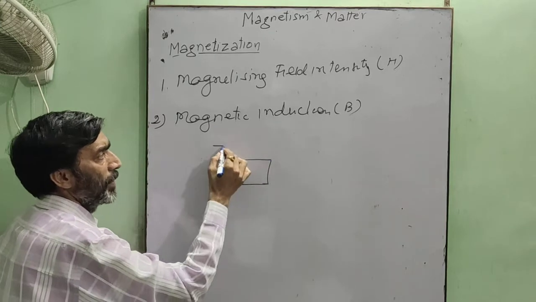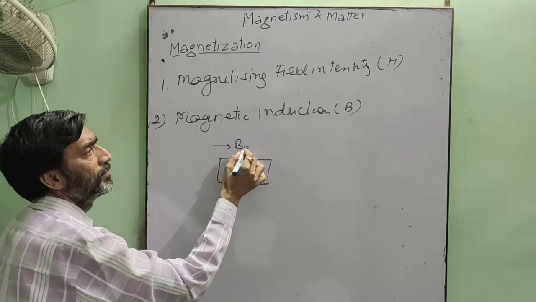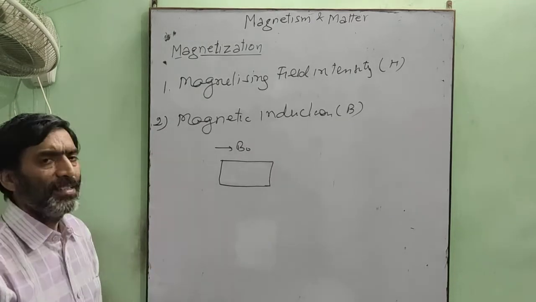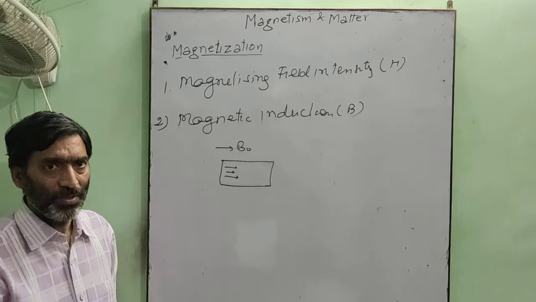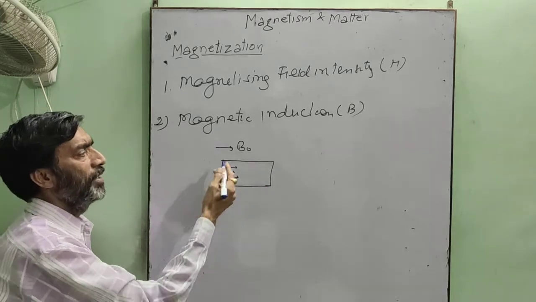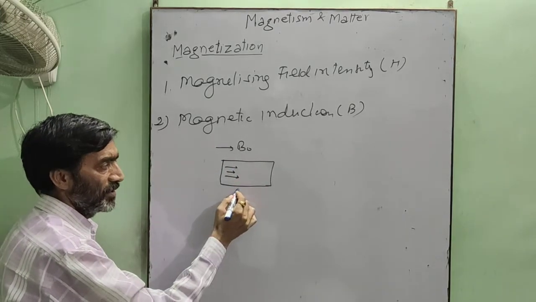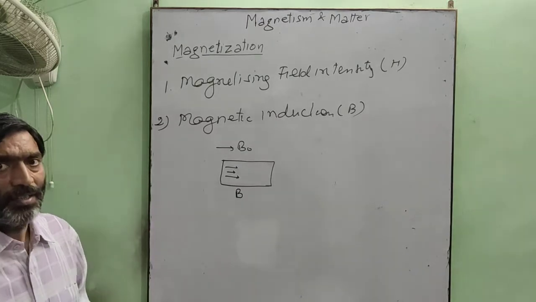We applied a magnetic field, say B0, and due to magnetization, some magnetic field is also induced inside this substance. So the total magnetic field inside this substance, iron, is called magnetic induction.